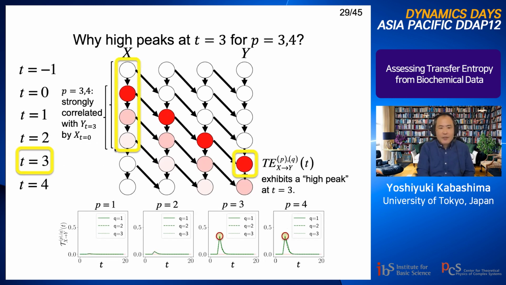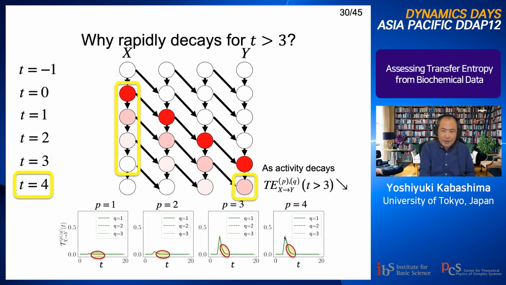On the other hand, if the time lag of X is larger, such as 3 or 4, there is strong amplitude here and here. So there is some strong correlation between the two, right? So we can get large peaks here, and after the peak, it suddenly decays rapidly.